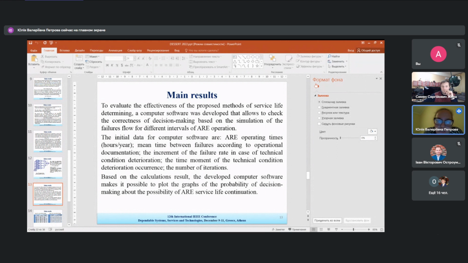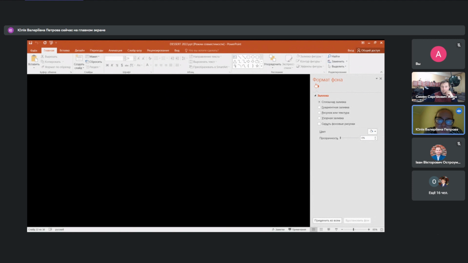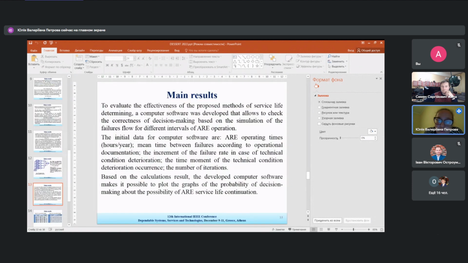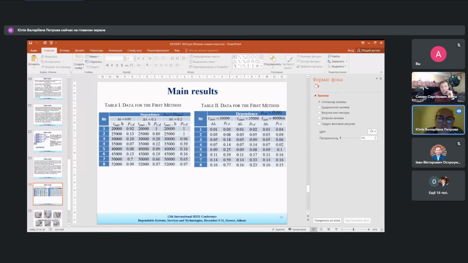Based on the calculation results, the developed software makes it possible to plot graphics of the probability of decision making about the possibility of aviation radio equipment service life continuation. Here we represent this calculation only for the first method, and such calculations were carried out for all 5 methods.